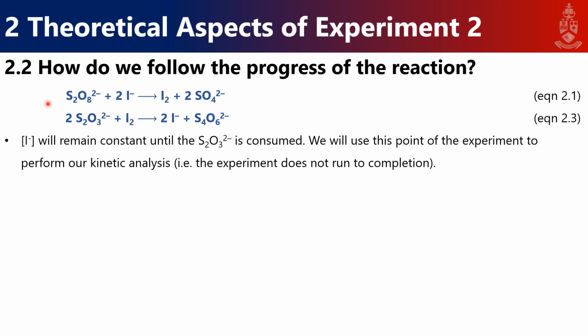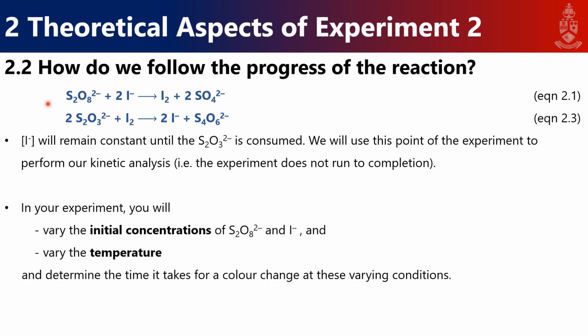You will measure from when you add your reactants together to the time of the color change, and because the same quantity of thiosulfate has been consumed at that time, I can follow my experiment to the same extent. In your experiment, you're going to vary the initial concentrations of your two reactants, and you're also going to vary the temperature and then determine the time it takes for a color change at these varying conditions.